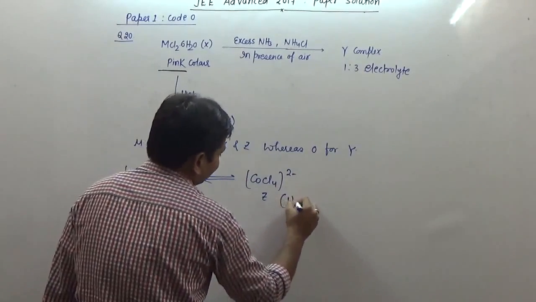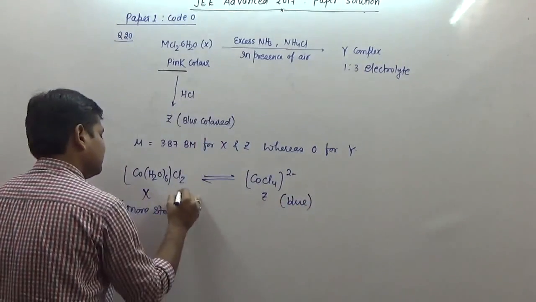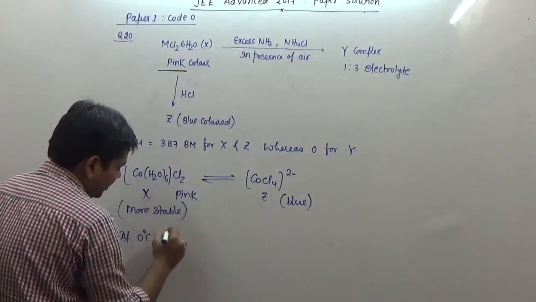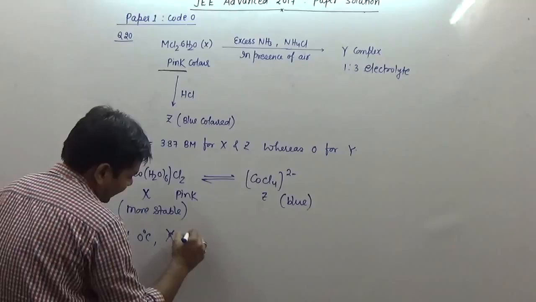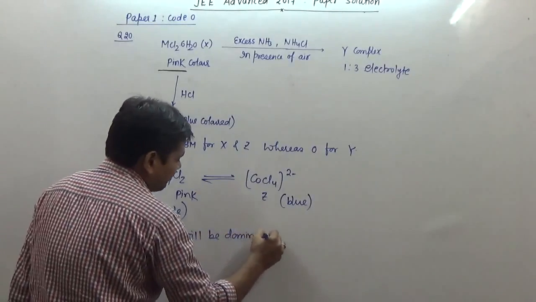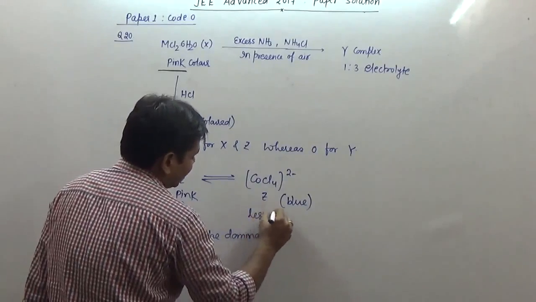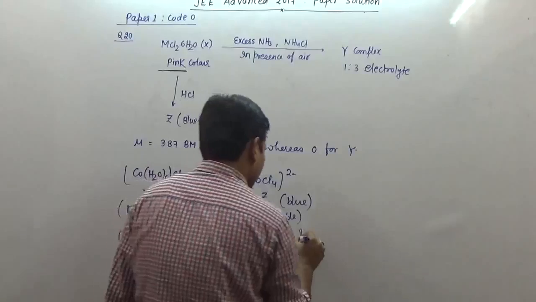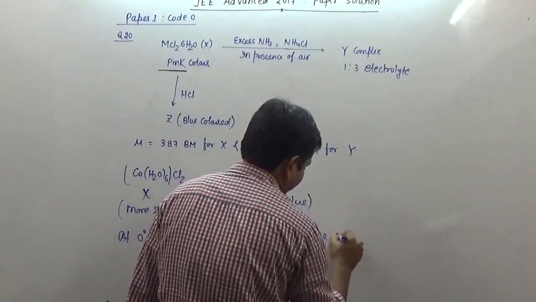This is blue color, this is pink color. So at 0 degrees Celsius X will be dominant, because it is more stable compared to the less stable tetrahedral complex.